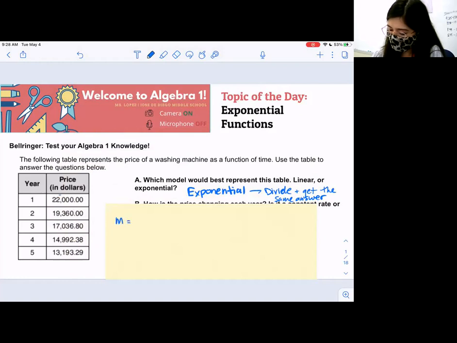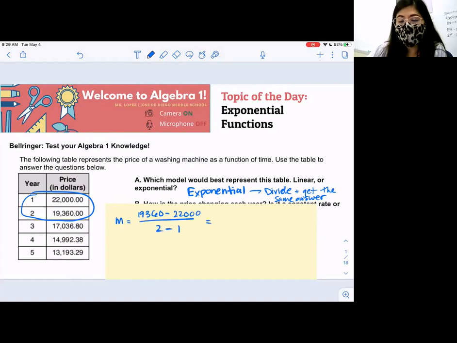So like if I wanted to do the slope formula, I would do 19,360 minus 22,000 over 2 minus 1. You guys remember that from last week? So if you do this, would you get the same answer every time? What do you guys think? Using the same table, would I get the same answer if I use the slope formula?